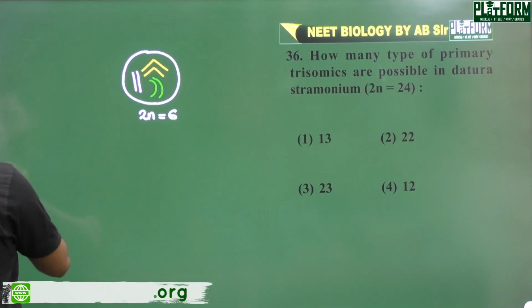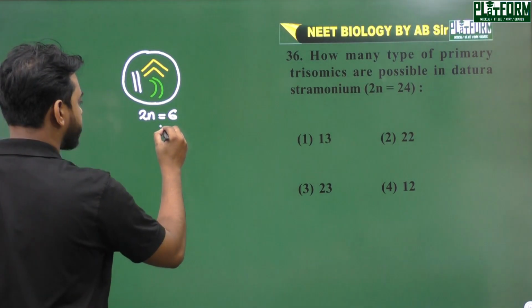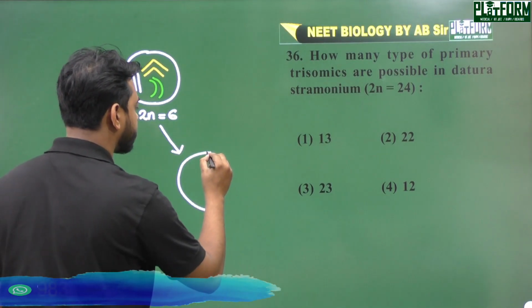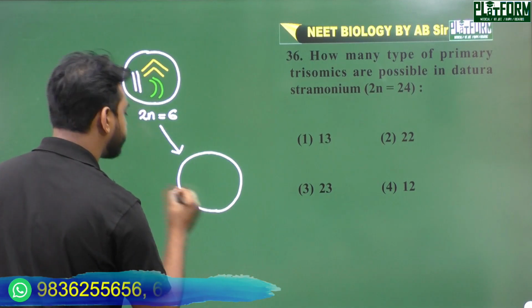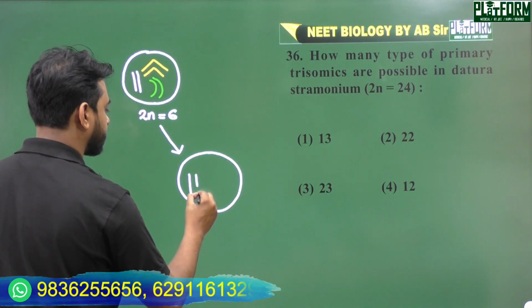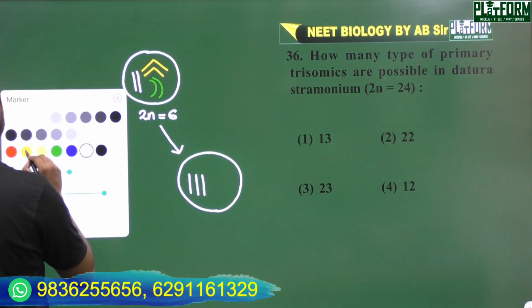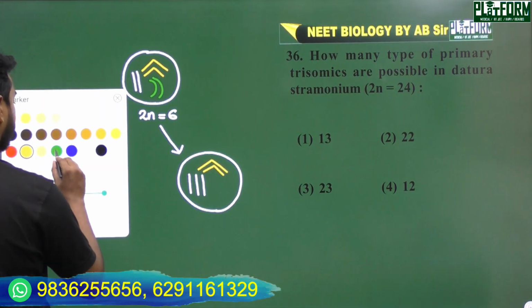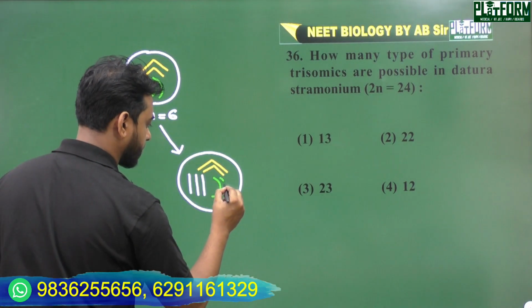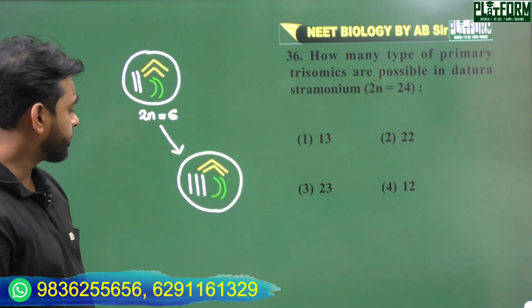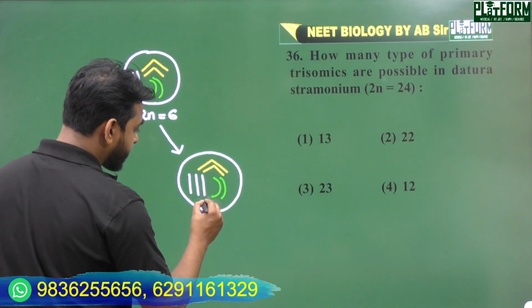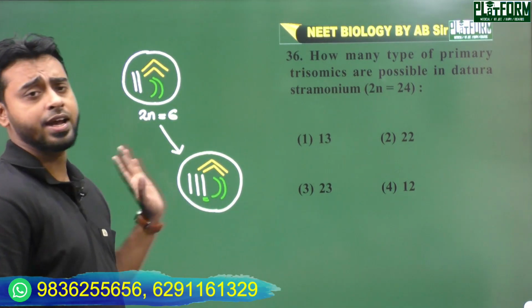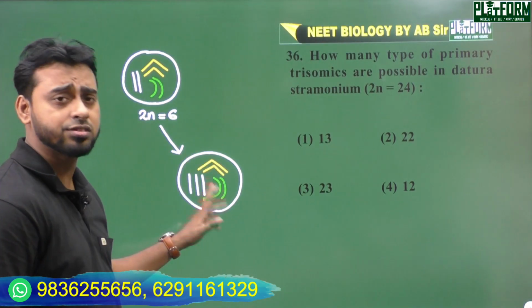Now what will happen? Just have a look at the second diagram. You will see there is an addition of a single chromosome in one set among these 3.